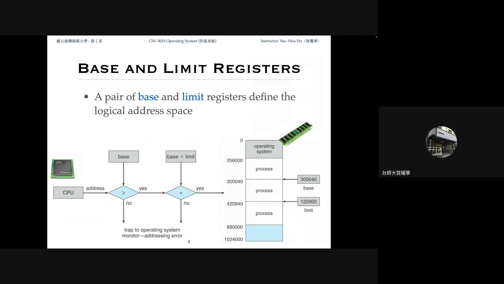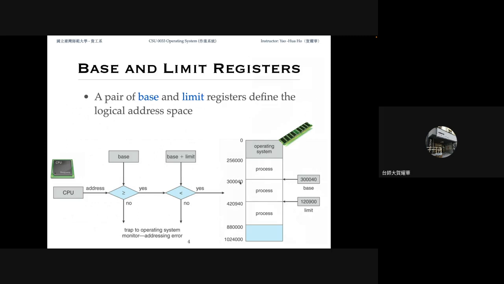you have to check that the access is within that process's designated memory space. For example, say you have a process between 300,000 and 420,940.